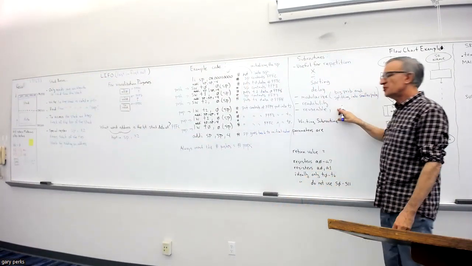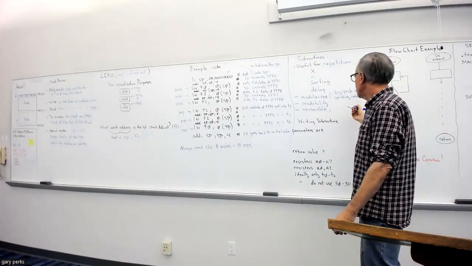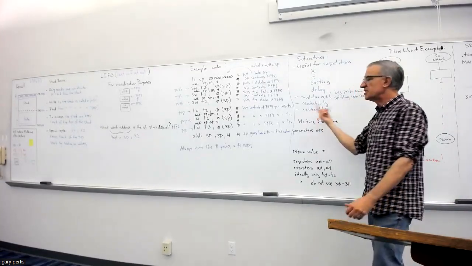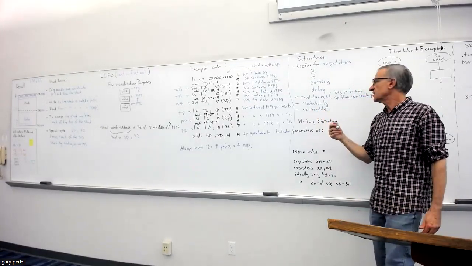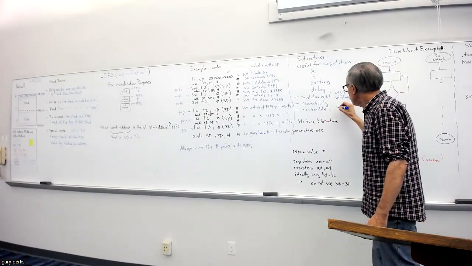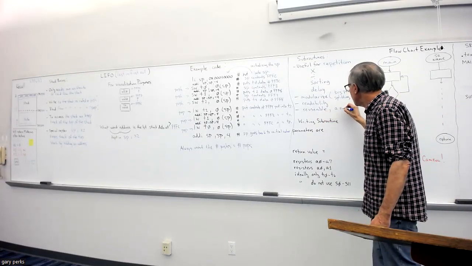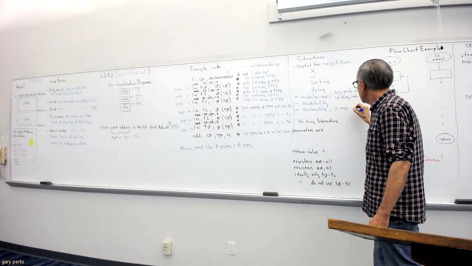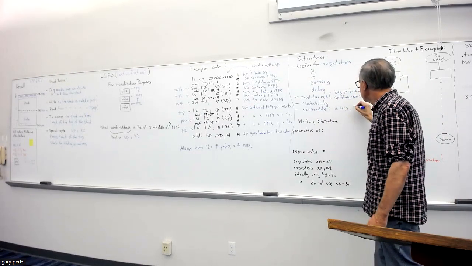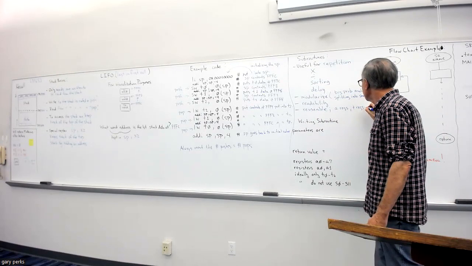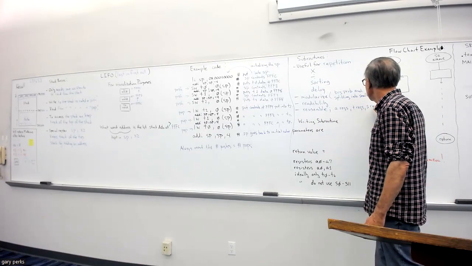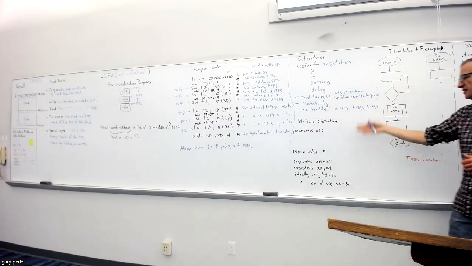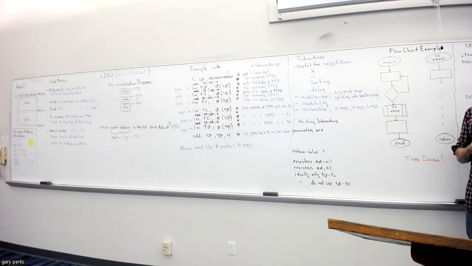By using those registers for specific needs, it makes it more reusable. So this gets into the A registers, the temporaries, the T registers, and the saved registers, the S registers. And I'll talk more about that coming up.